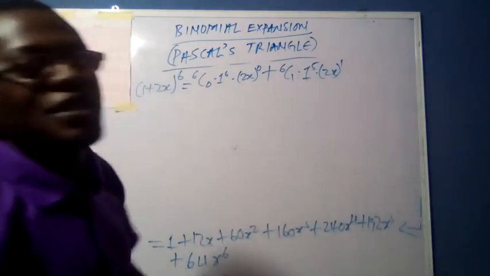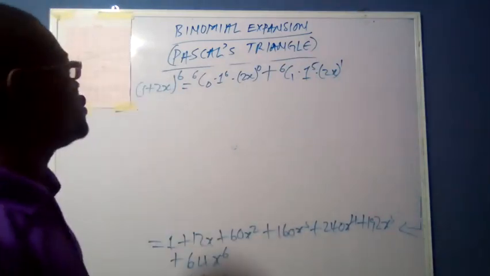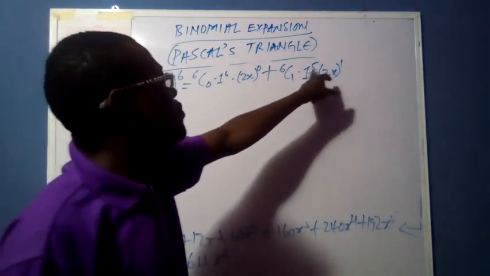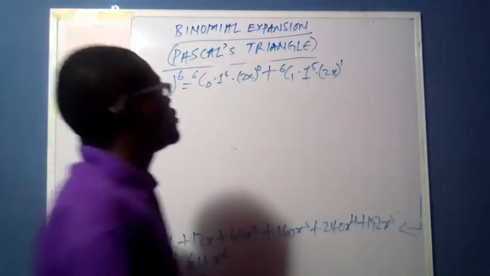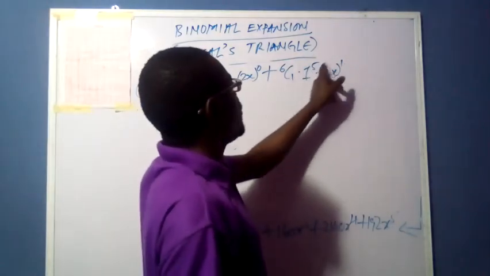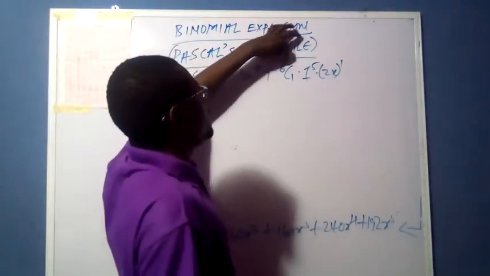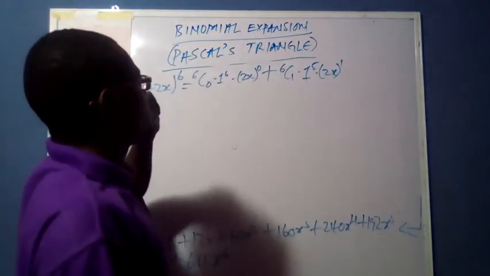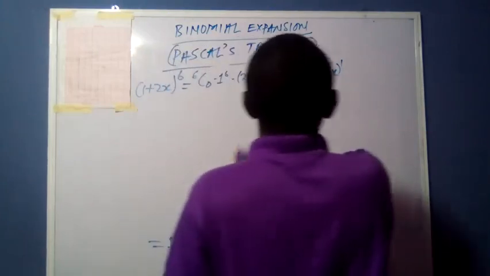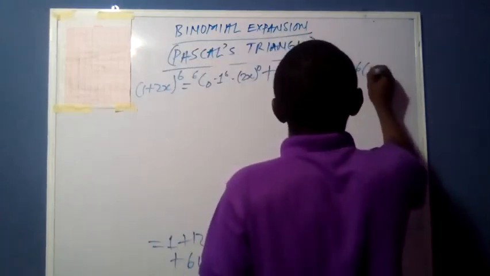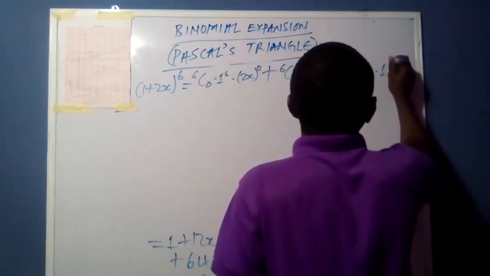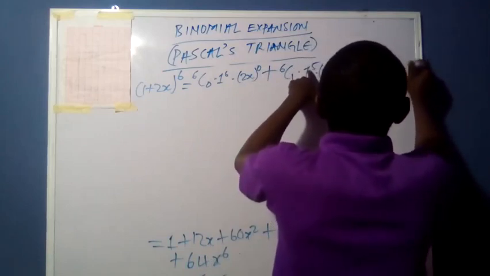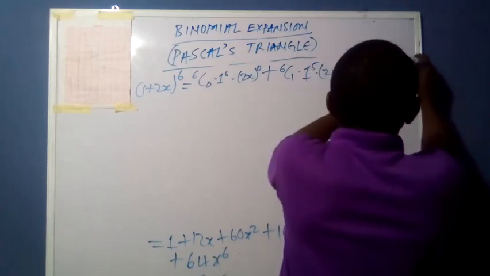Just like in the previous video, as the power of the first term is reducing, the power of the second term is increasing, and the sum of those powers must be equal to the initial power. Plus 6 combination 2, 1 raised to power 4 times 2x raised to power 2.